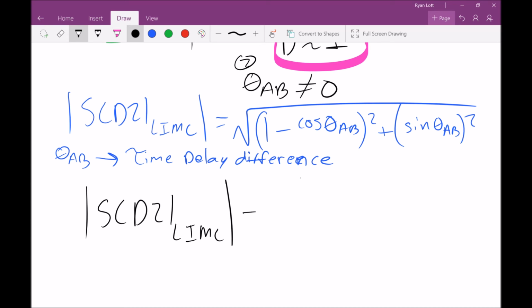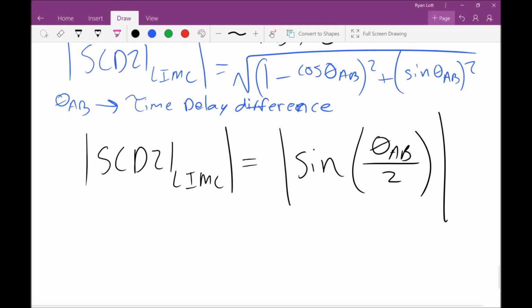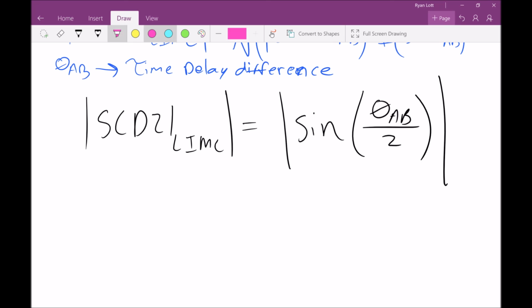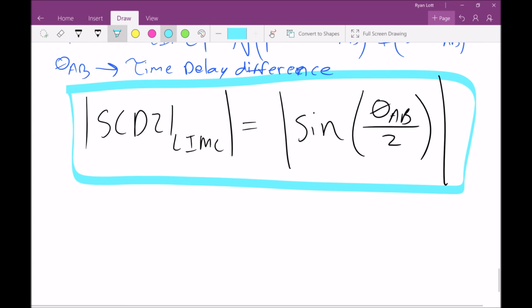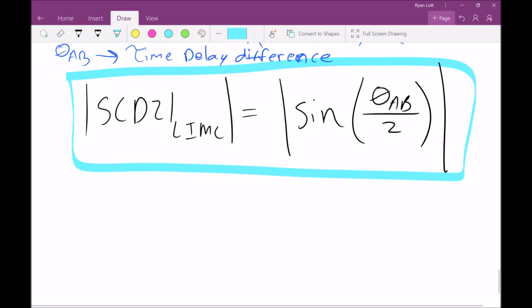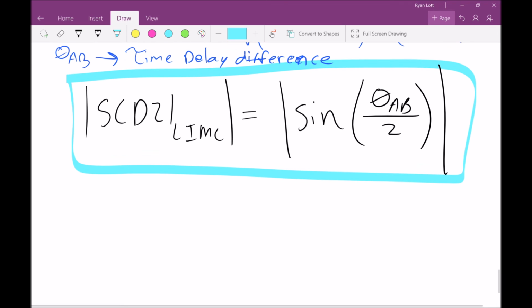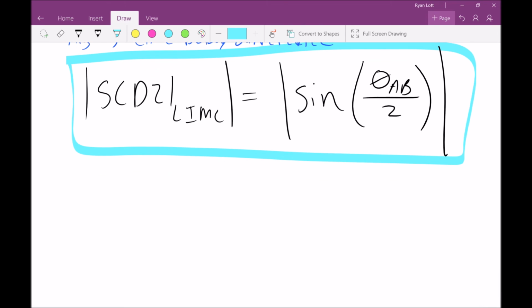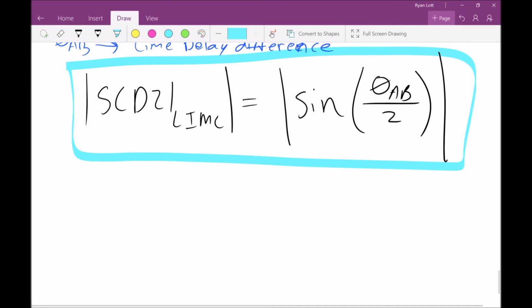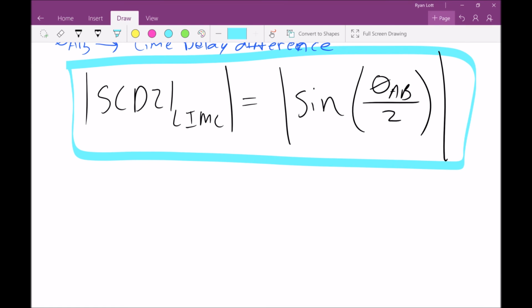And that is that it is equal to the absolute value of sine of theta AB divided by 2. This right here is an amazing equation because it allows you to understand mode conversion and read mode conversion plots, and basically guess, whenever you look at a mode conversion plot, what is the culprit for high values.